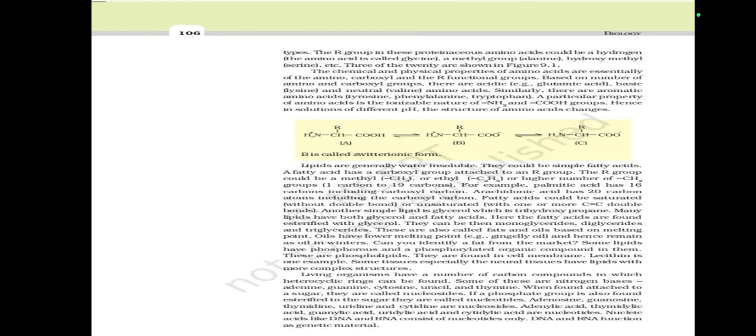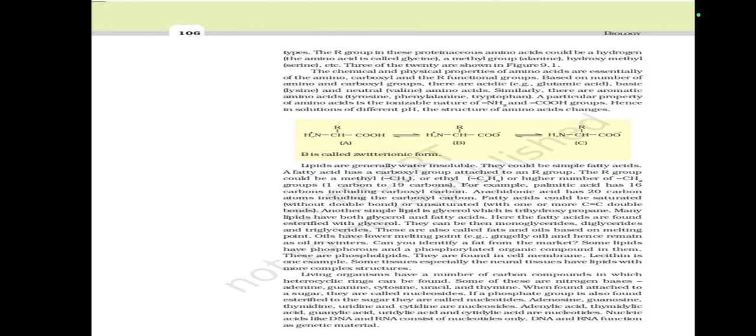Another simple lipid is glycerol, which is trihydroxypropane. Many lipids have both glycerol and fatty acids. Here the fatty acids are found esterified with the glycerol.